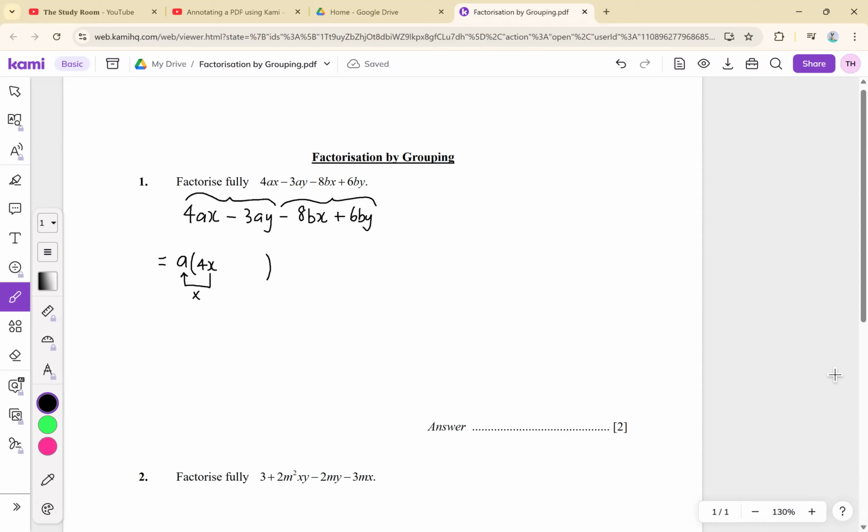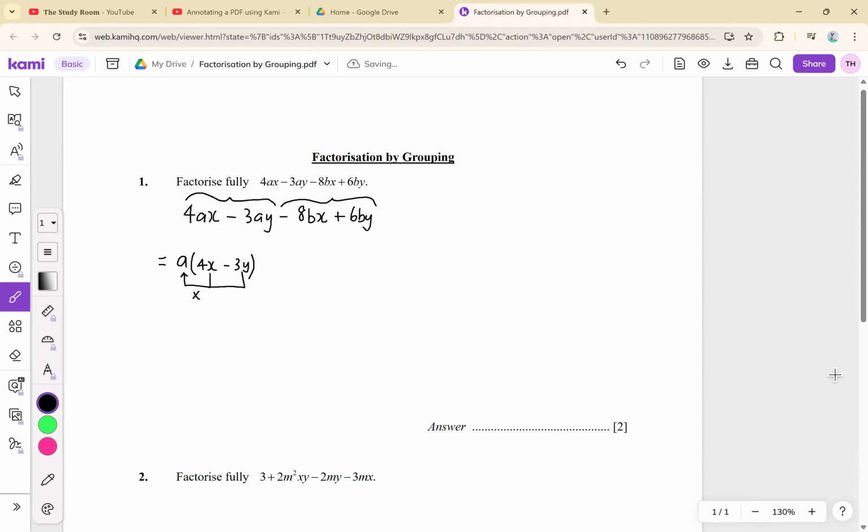Then ask the question again for the second term: what times a will give me negative 3ay? You should be able to tell that it's going to be negative 3y. So inside this bracket we have 4x minus 3y. We have successfully factorized out the a already. Let me close this bracket.